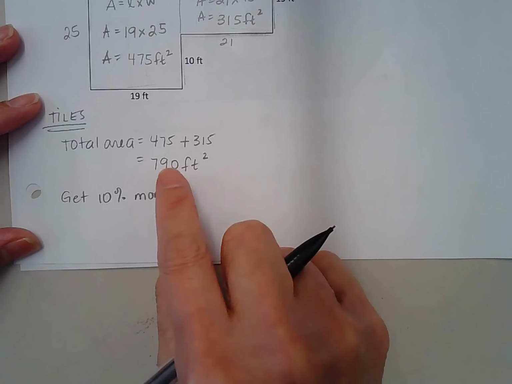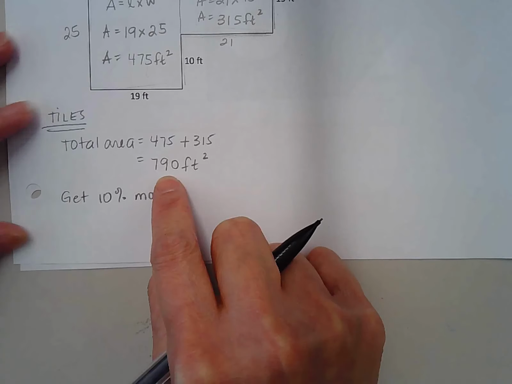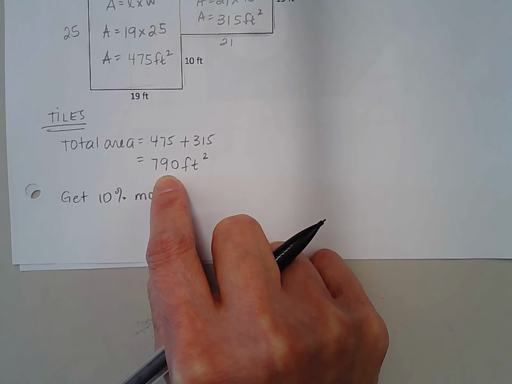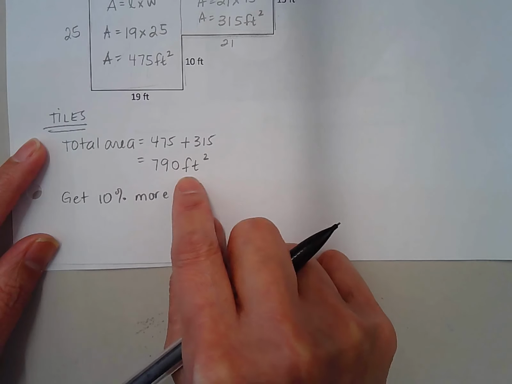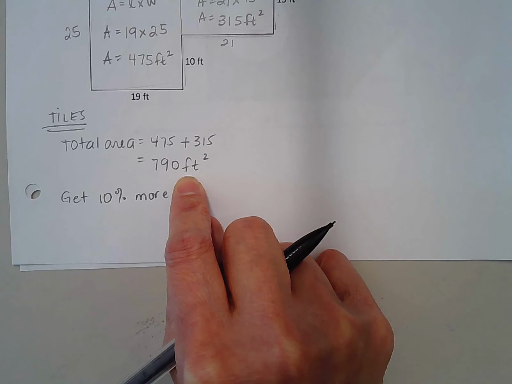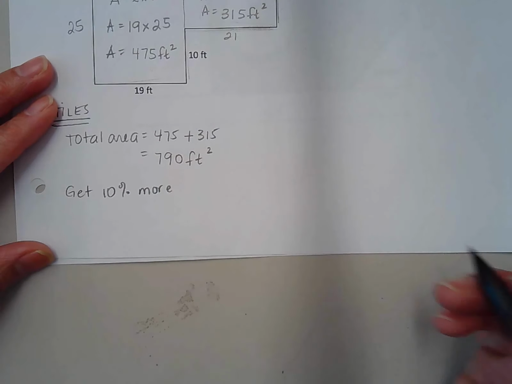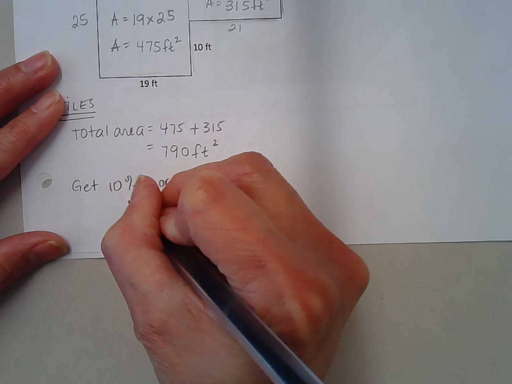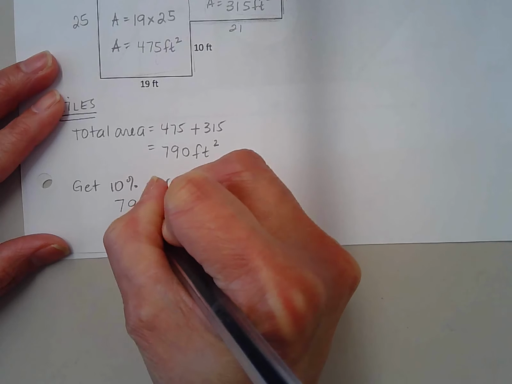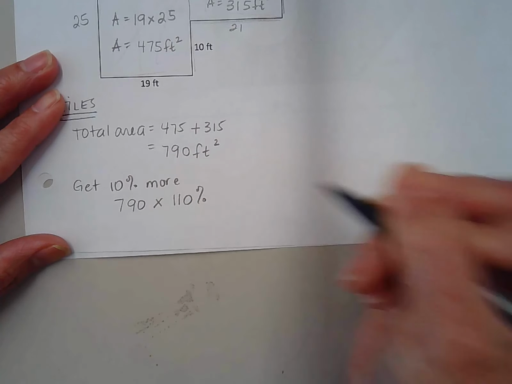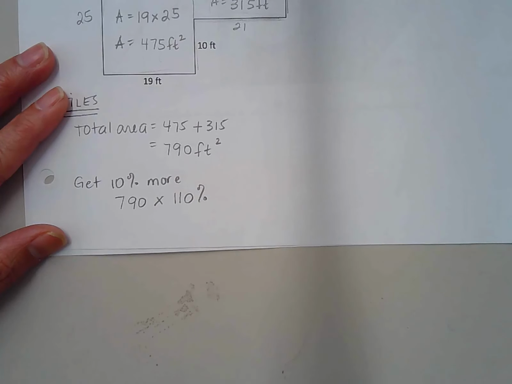This is the 100% of the area, but if we want to get 10% more, that's basically 110%, correct? So it's gonna be 790 times 110%.